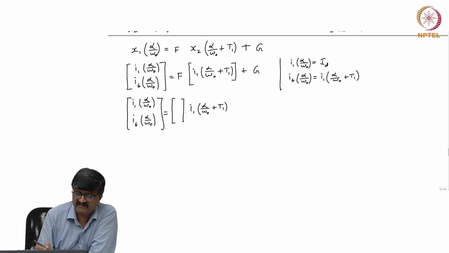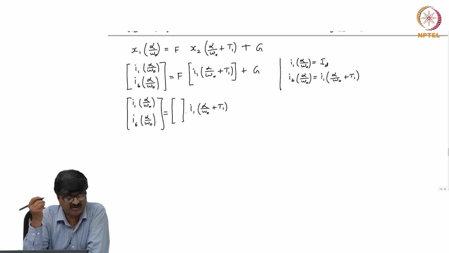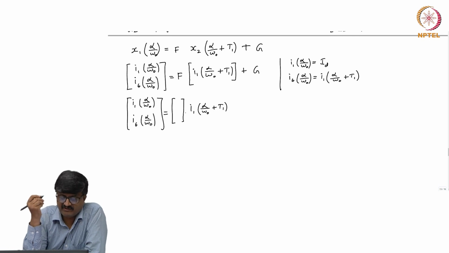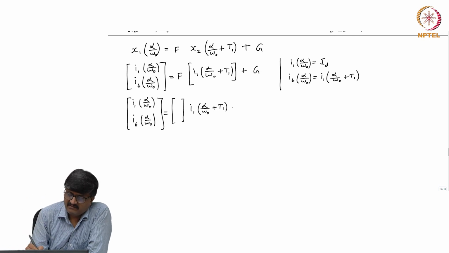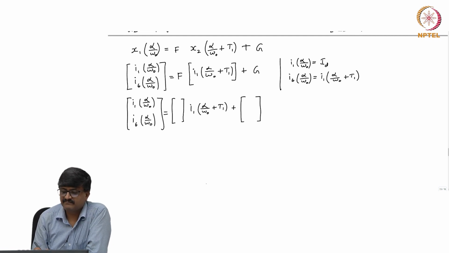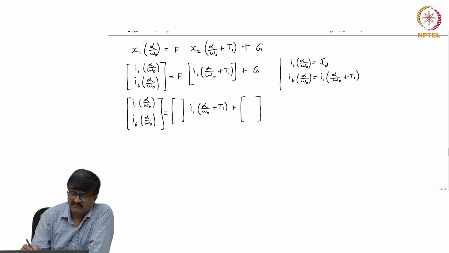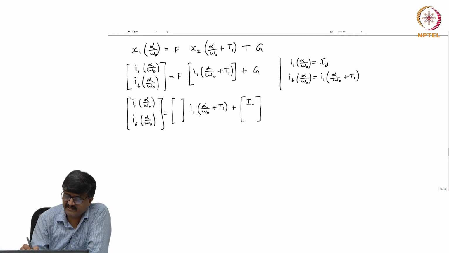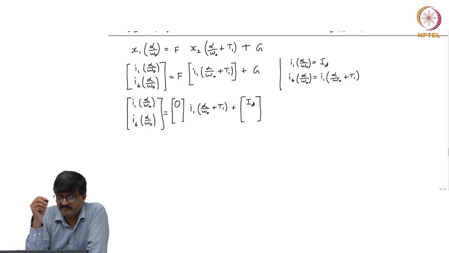One can easily see that the size of F is 2 cross 1. There are 2 rows and 1 column. The size of G is also 2 cross 1. The first equation is I1 at alpha by omega o is nothing but I d. So, I will put that I d in G and 0 as the coefficient of I1 at alpha by omega o plus T1.